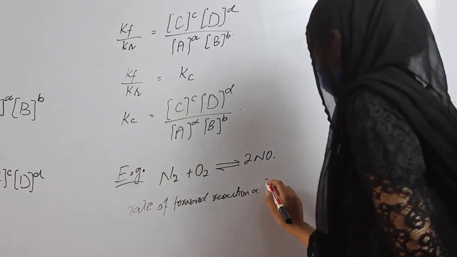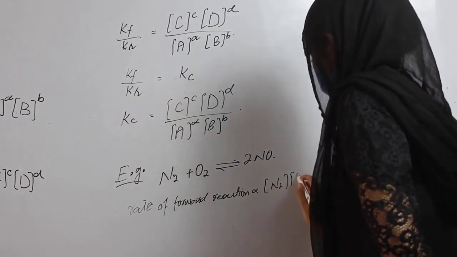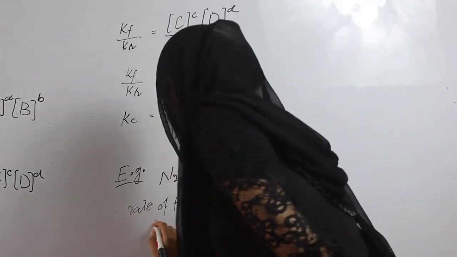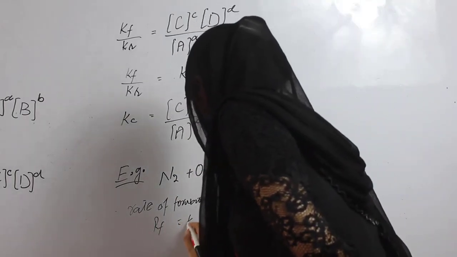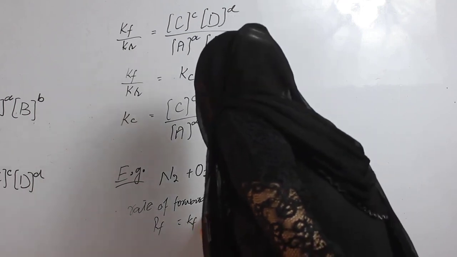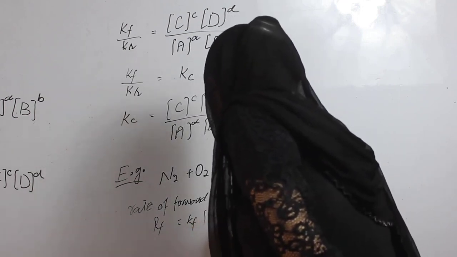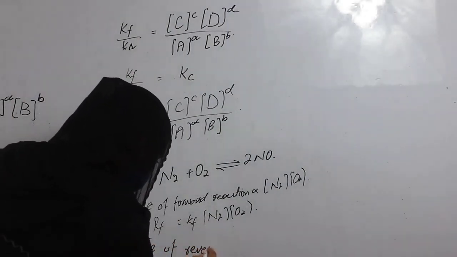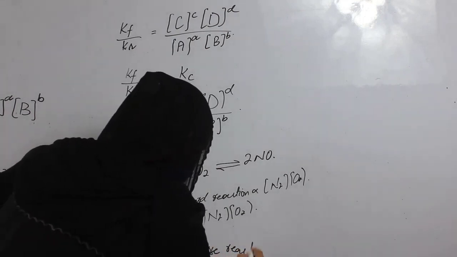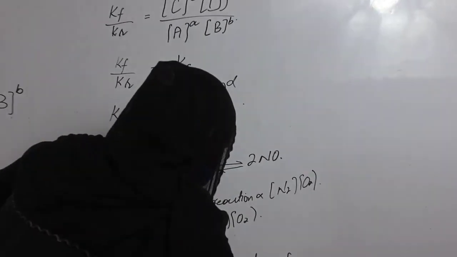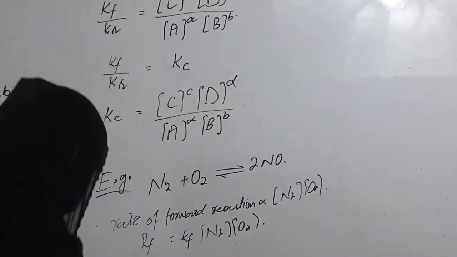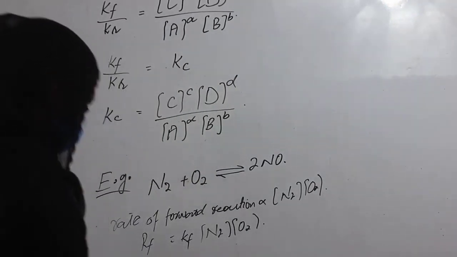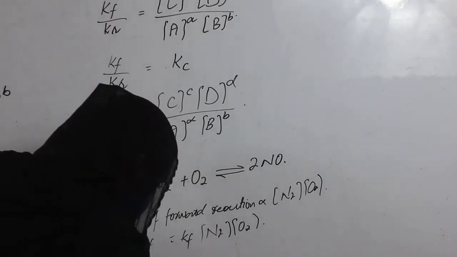That is directly proportional to the reactants. The proportionality sign changes to equal. After that, the rate of reverse reaction is directly proportional to the number of products. The proportionality sign changes to an equal sign.